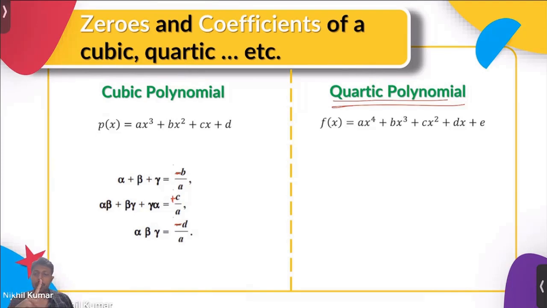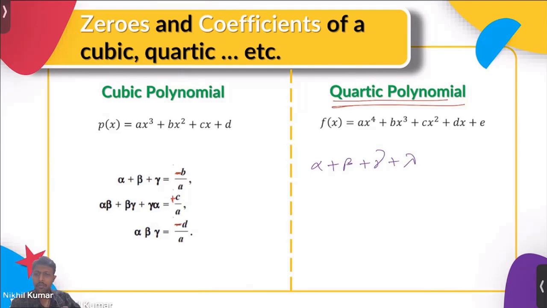The first thing I told you is that the sum of zeros of this polynomial is always going to be minus b by a. It's a quartic polynomial, so there would be 4 zeros. Let me call those alpha, beta, gamma and lambda.